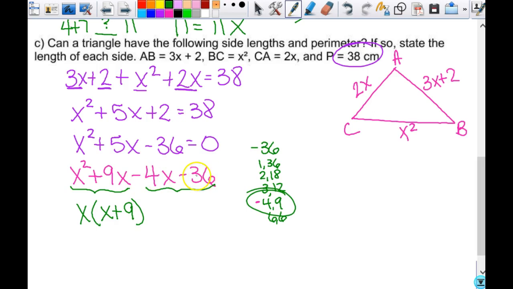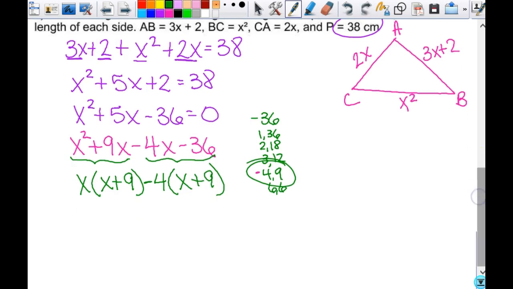I can't factor out an x over here, but what's the largest number I can factor out? Negative 4. So it's a negative 4, which leaves me with a positive x, and then what? Plus 9, okay? I saw quite a few of you be able to get to this point, and then I don't know what happens after that, but I have left off my equals 0.